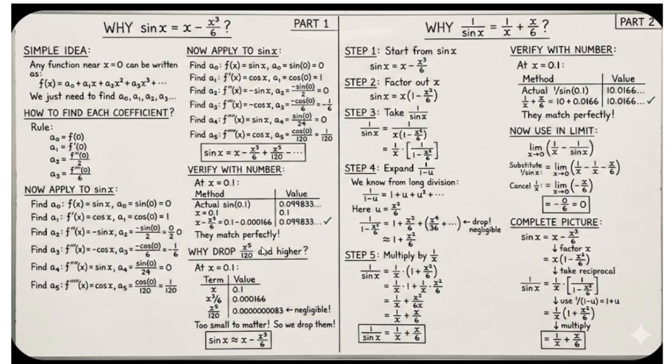Because whenever x tends to 0, those terms become negligible, so we only consider sin x equal to x minus x cube by 6.